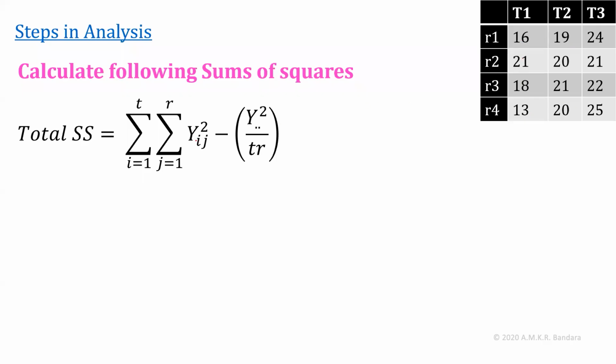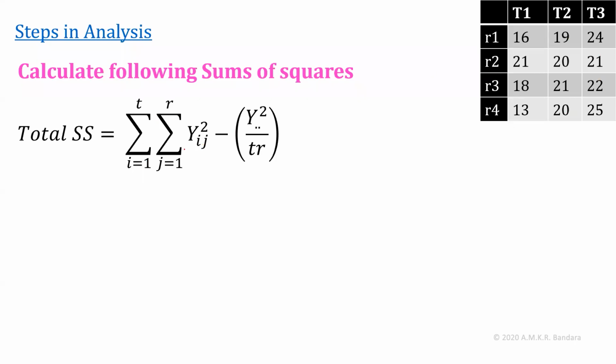Here, Yij represents the jth replicate of the ith treatment. So this observation, 16, is Y11, because it is the first replicate of the first treatment. So treatment number 1, replicate number 1. This is Y12. So ij represents any of these values.